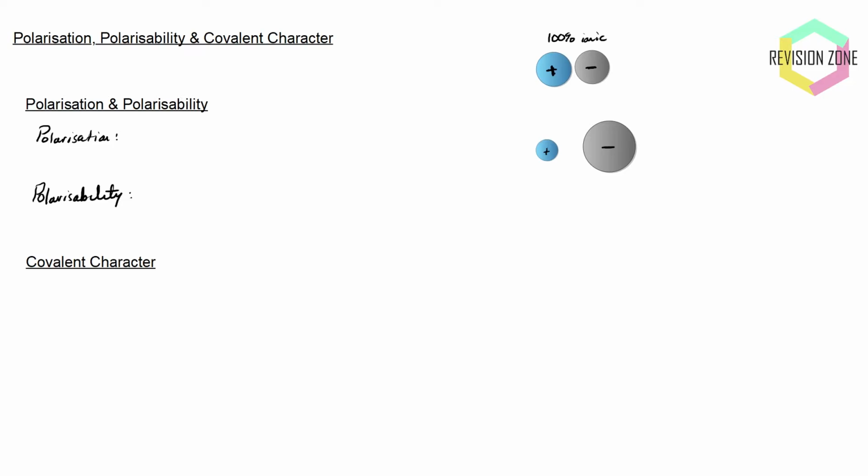Now, before we get into exactly what changes the level of polarization, let's just have a look at what exactly is happening in this second diagram. Because of this ion being small and highly, well, it might be highly positive, might not, in this case it's just +1, we say it has a high charge density.